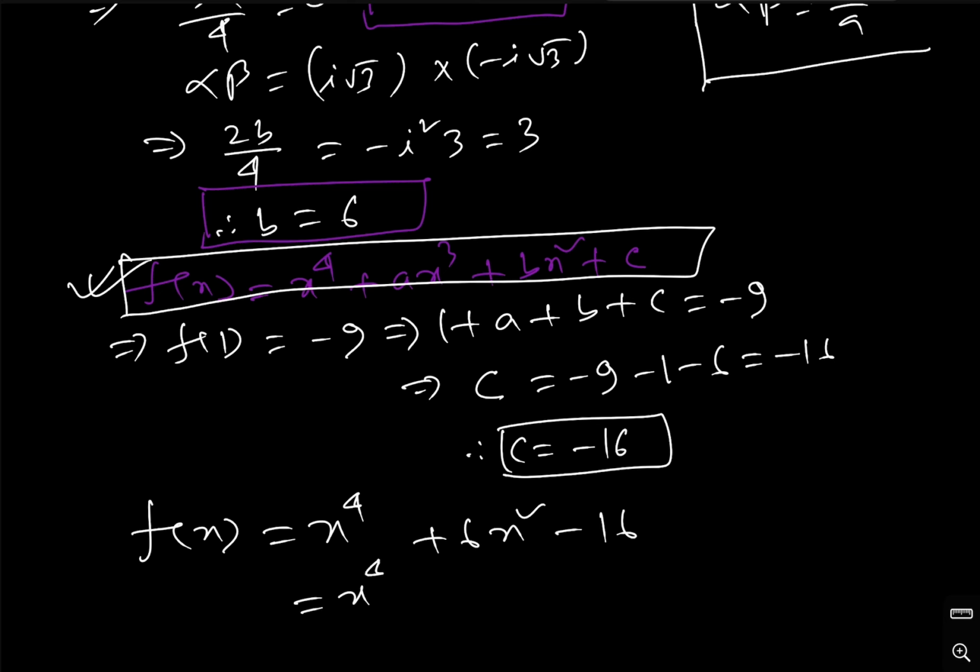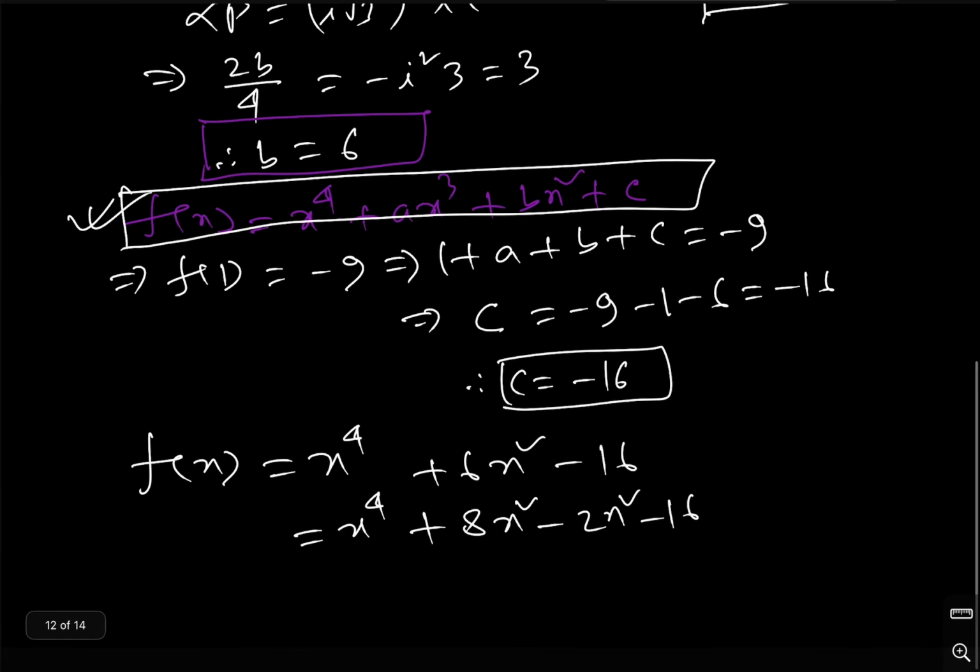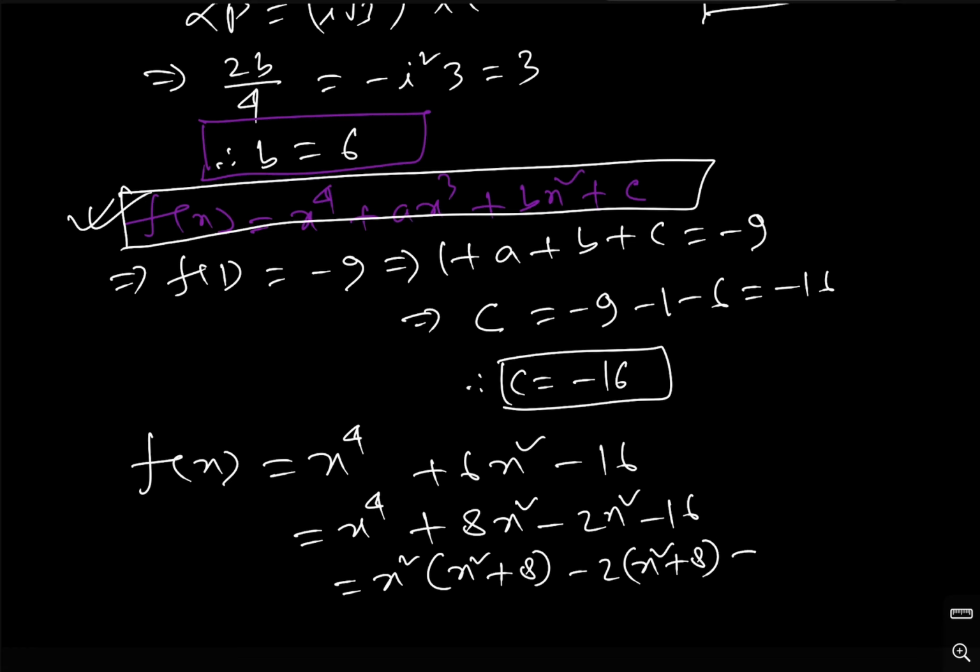We will use the simple trick of middle term factorization. Just take x² common. This will be x²(x² + 8) - 2(x² + 8). So finally we can see that f(x) is of the form (x² + 8)(x² - 2).